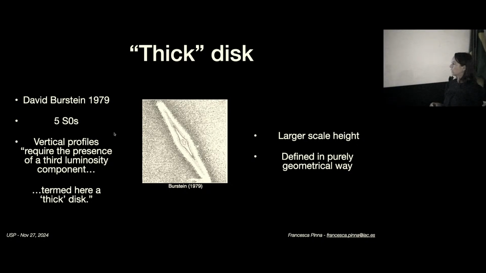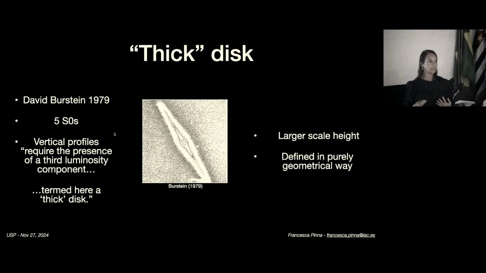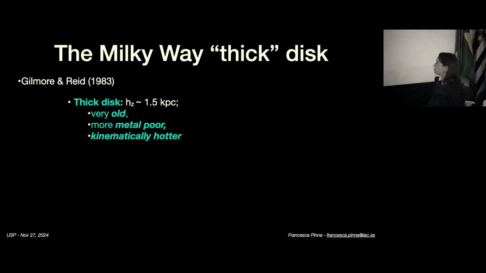He understood that it was needed to add a second component with a larger scale height, which was called the thick disk because it was thicker. So at the beginning, the thick disk was defined in a purely geometrical way. I will go back in a couple of slides to this definition because it is also what we usually use in external galaxies when they are seen edge-on.